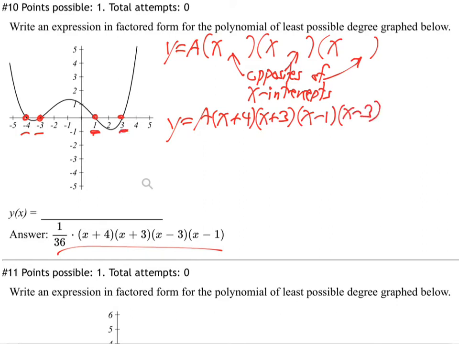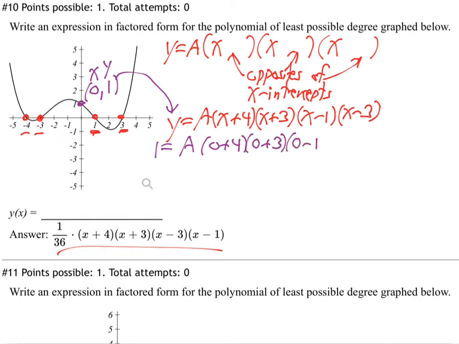Now we just got to find the a in the front. How do we always do that? The y-intercept, which is over 0 up 1, the x and the y. Plug in the 1 for y and the 0 for all those x's. Okay, so what do we get?